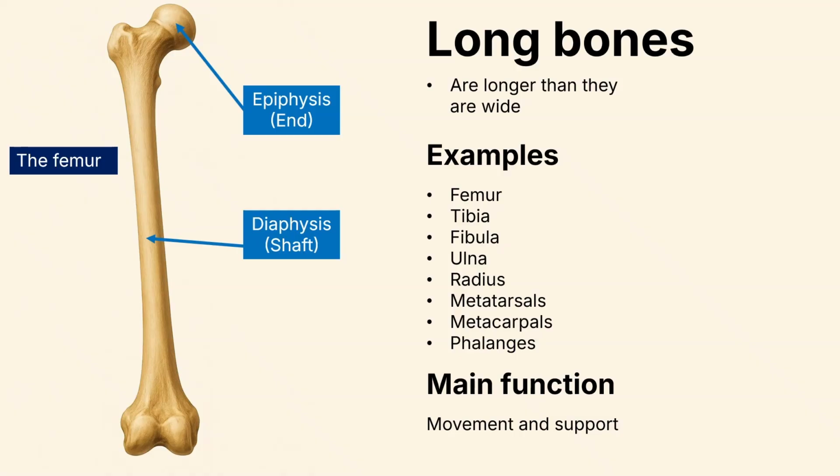They are located in the upper limbs, with the humerus, ulna, radius, metacarpals, and phalanges. Also in the lower limbs, with the femur, tibia, fibula, metatarsals, and phalanges. These bones act as levers, support body weight, and facilitate movement. These bones are commonly examined for fractures and alignment.